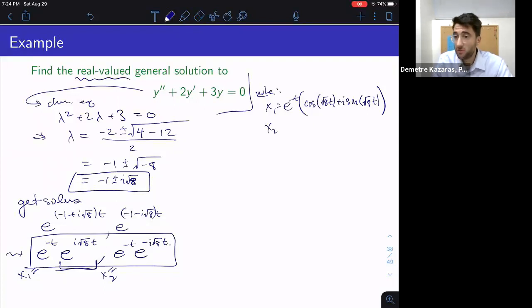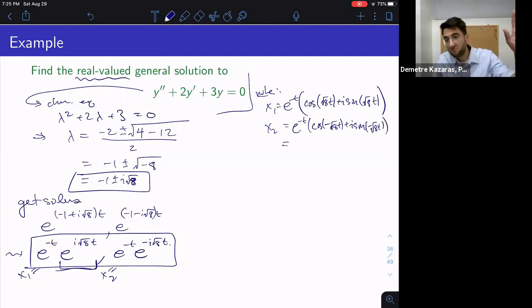Let's do the same thing for x2. I get e to the minus t, which is not going to get involved in the formula, it's just going to hang out. And then we've got cosine of minus root 8t plus i sine of minus root 8t, because x2 has a minus sign in the exponent.